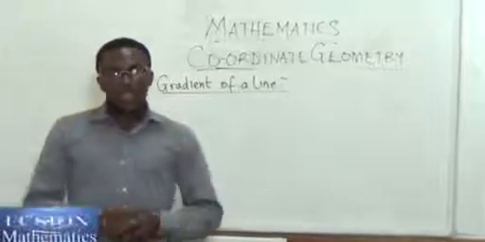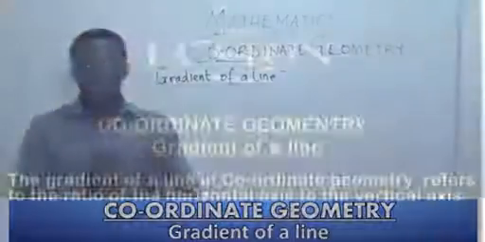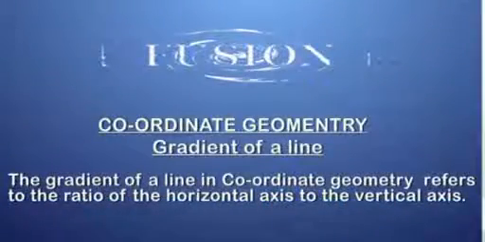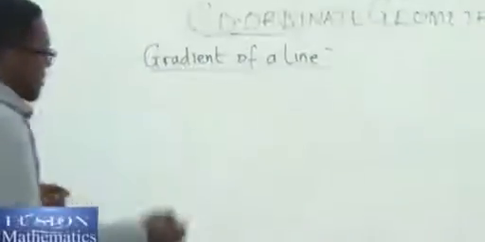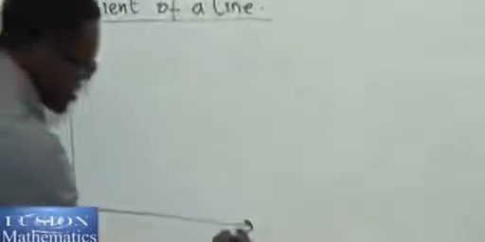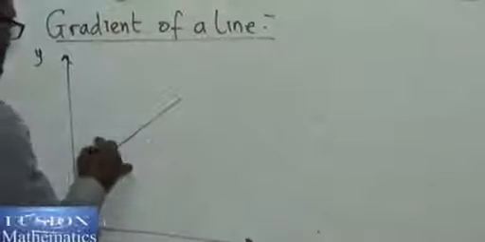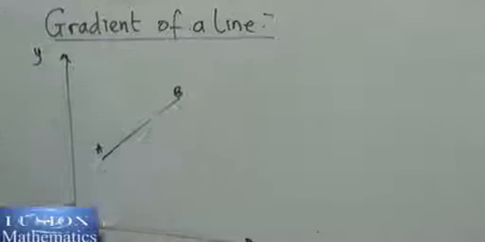Next, we'll be looking at the gradient of a line. Now, the gradient of a line is the ratio of the vertical axis to the horizontal axis. Take, for instance, we have a line AB in our two-dimensional graph. We have here the y-axis and here the x-axis. Here is the line AB.